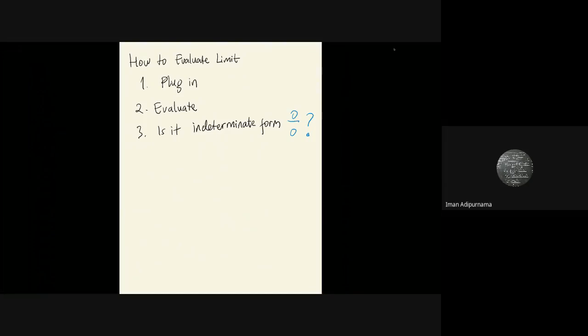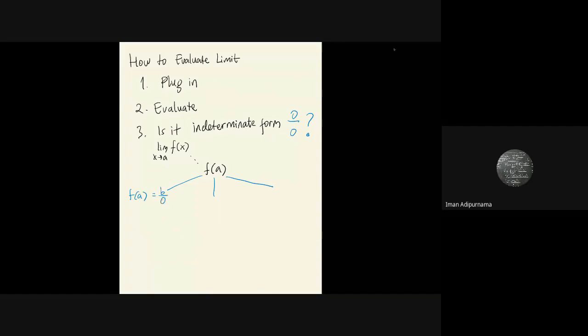If you have f(x) and the limit is approaching a number a, you try to substitute f(a). You may have 3 possibilities. First, your f(a) will be some number over 0.